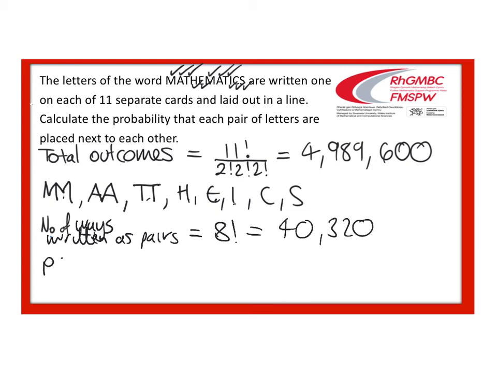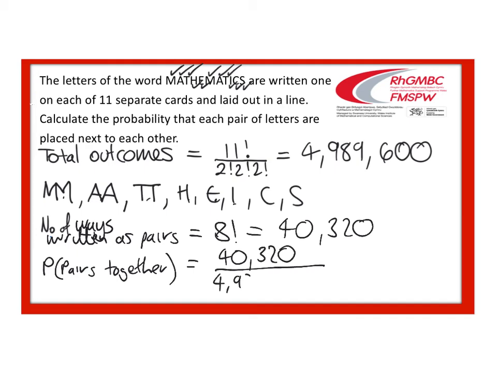So the probability they are written paired together is going to be the number of ways that we could write out mathematics with the letters paired together over the total number of ways that we could write out the word mathematics. So 40,320 over 4,989,600.